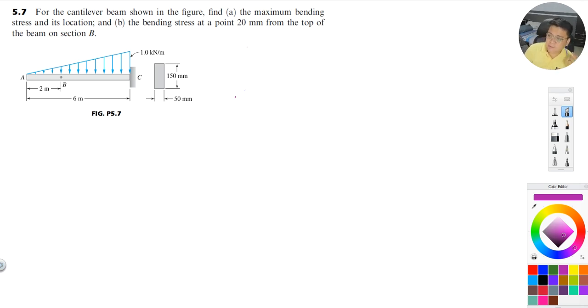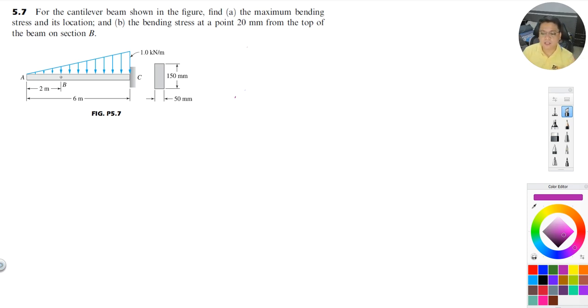So, para malaman natin kung nasaan yung maximum. Again, yung ating cross-section is just a rectangular. It means yung stress niya sa taas at stress niya sa baba numerically equal. Ibig sabihin, same sila ng value except that yung isa ay nasa tension at isa ay nasa compression.